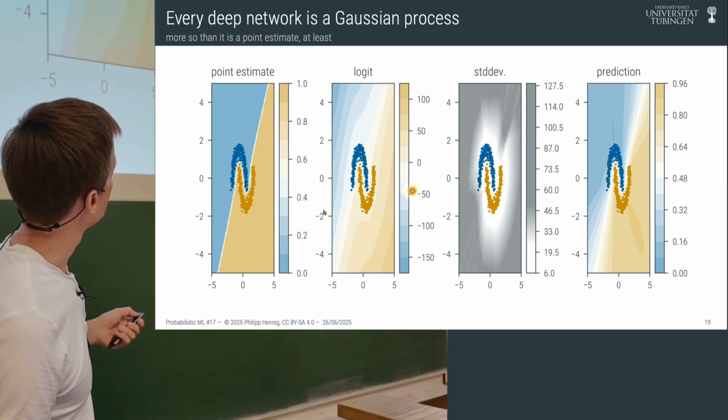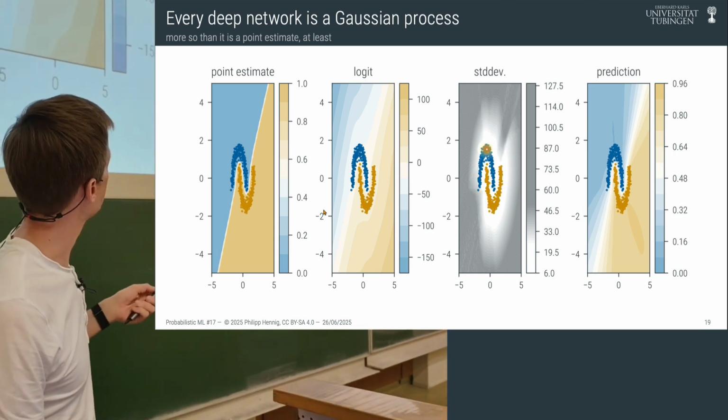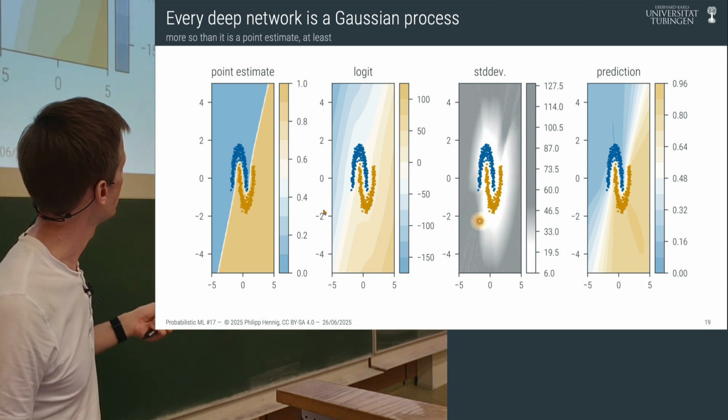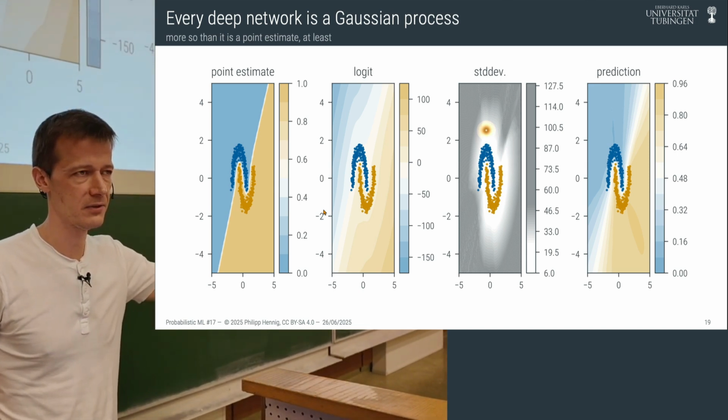And now this Laplace approximation pushed forward through the nonlinearity produces this uncertainty quantification on the function valued prediction. So these are marginal standard deviations for each input.